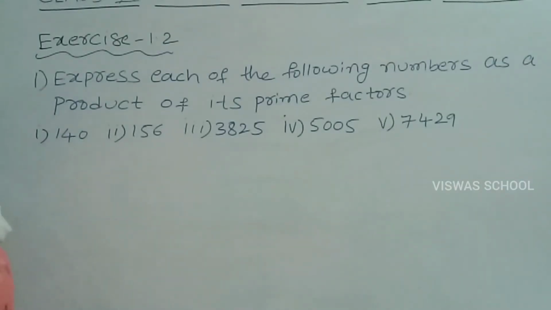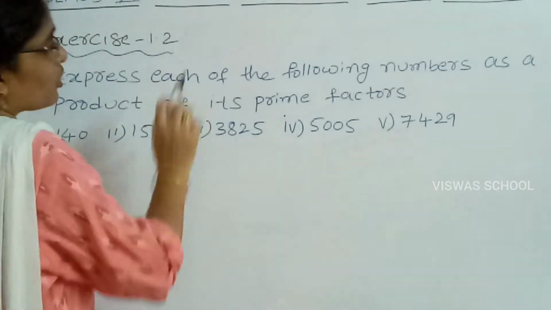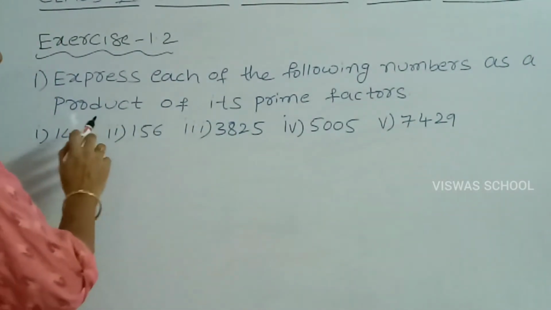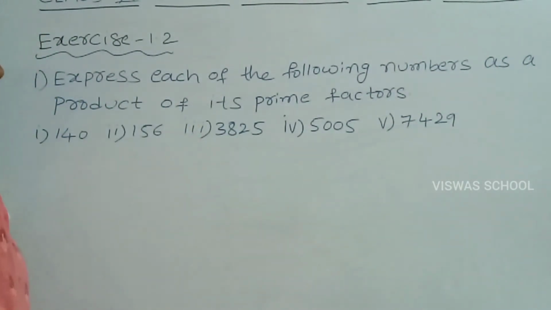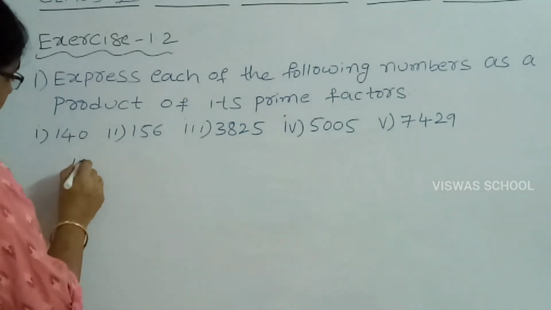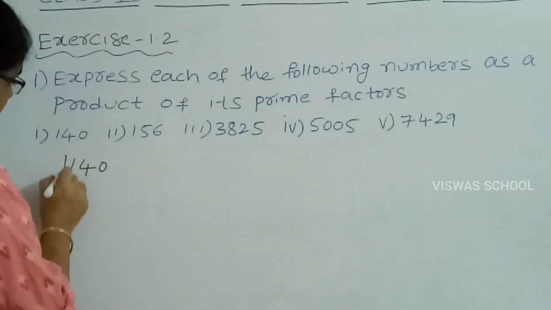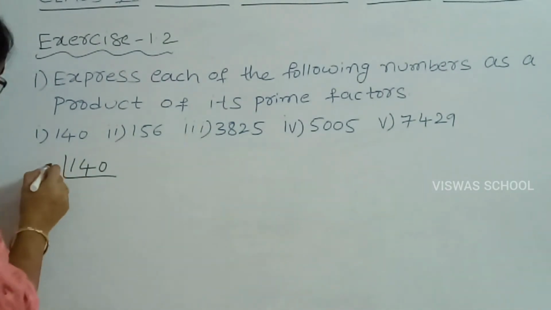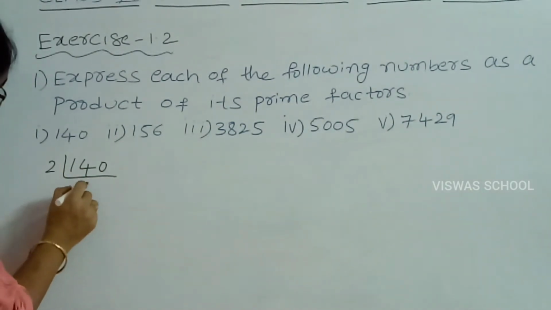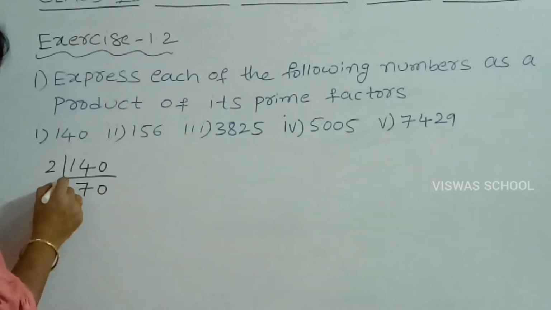Next one is: express each of the following numbers as a product of its prime factors. The first one is 140. Solve this. 2 7s are 14, that is 140.